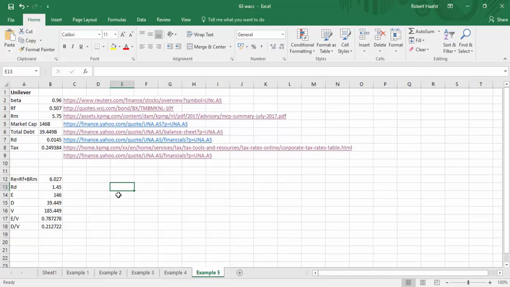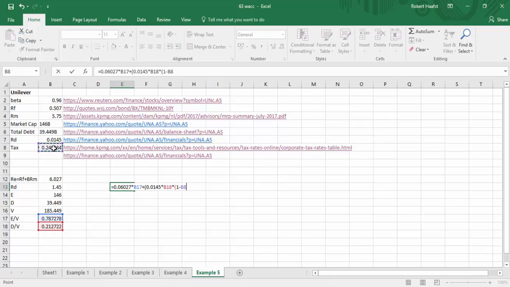And then we can compile the whole WACC again. So we have our cost of capital times our equity to value, plus our cost of debt times the debt to value times our tax shield, which is 1 minus the 24 something percent.